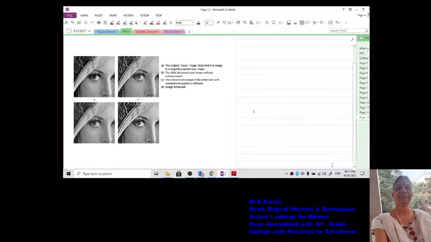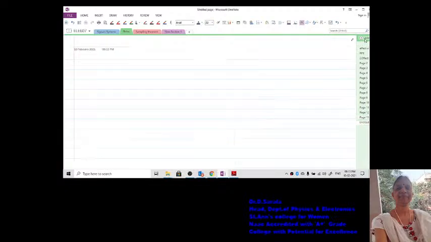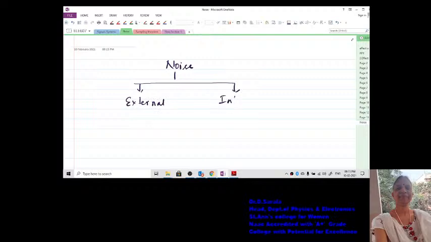Okay. So now let us talk about something called atmospheric noise. What is this atmospheric noise? I told you already that noise is basically divided into external noise and internal noise.